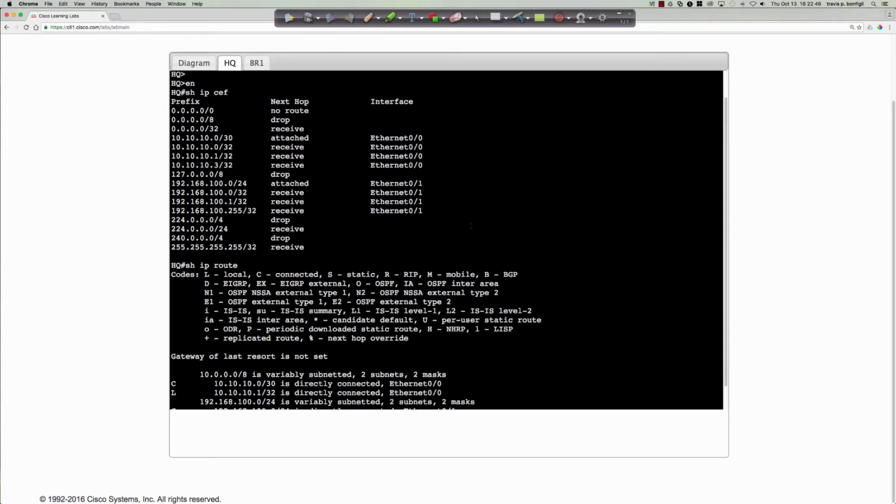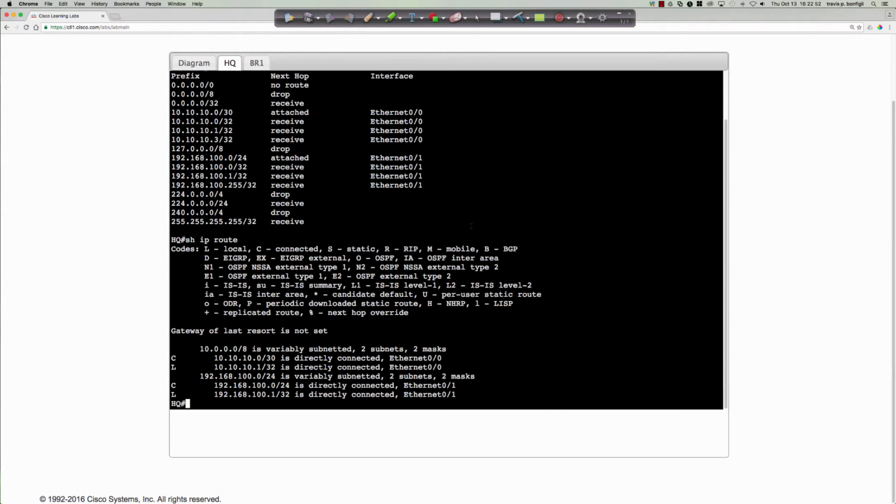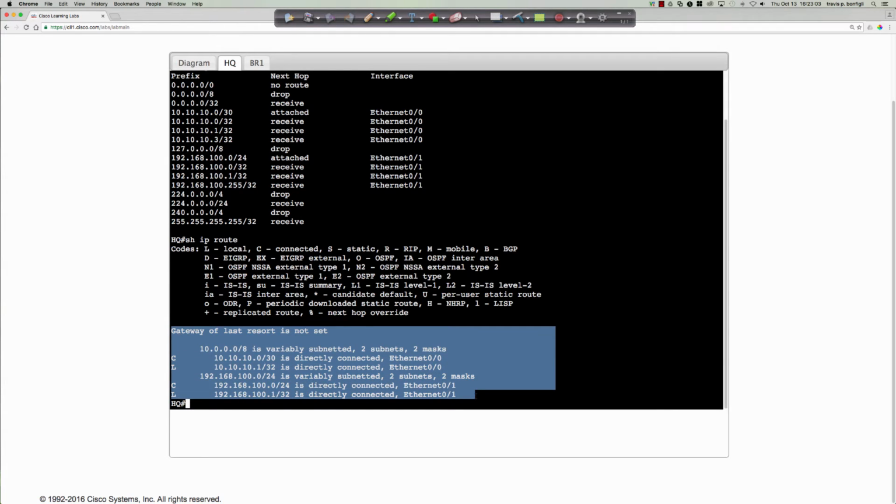That is your forwarding information base. And again, CEF decouples the forwarding of the data plane traffic from the control plane. Because really the RIB, this global routing table, the routing information base, is really nothing more than a master record of all of the routing information you have. It is not consulted in a CEF switching decision.